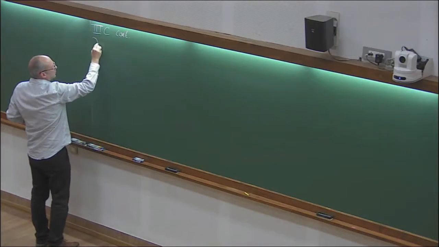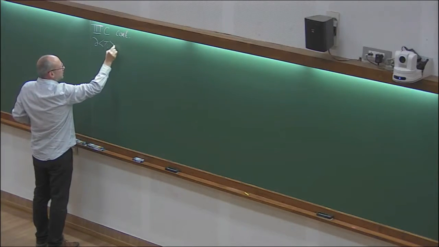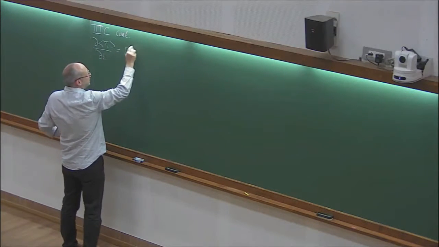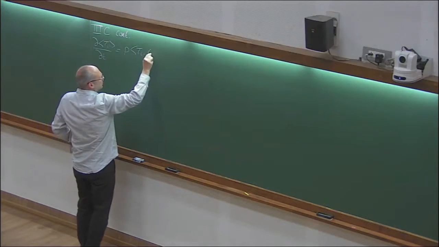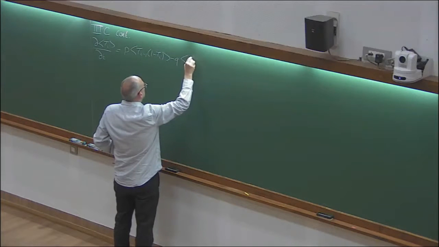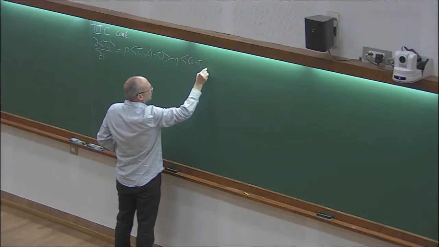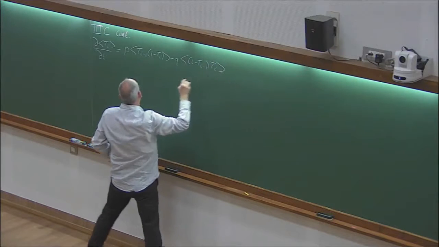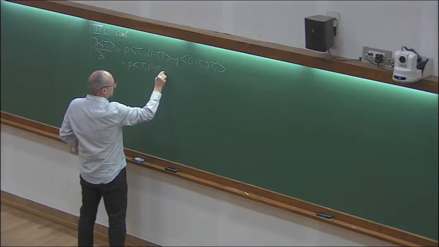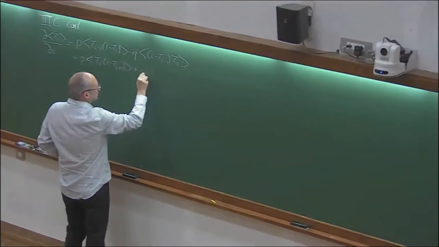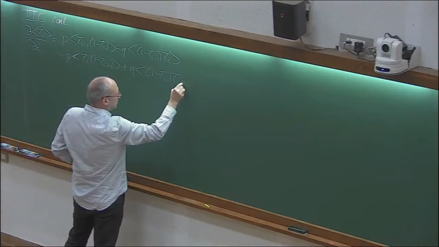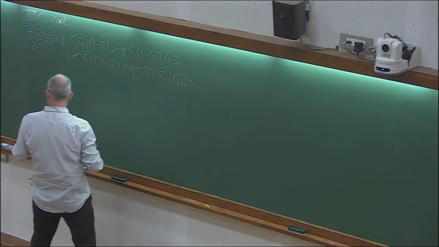What we derived was dτ_i/dt equals p τ_{i-1}(1 - τ_i) minus q τ_i(1 - τ_{i-1}) minus ... that's what we derived.